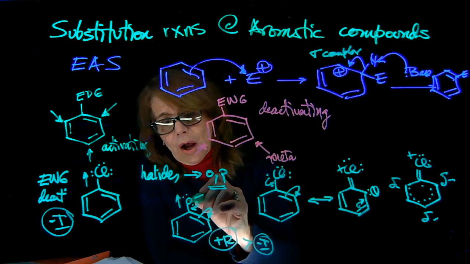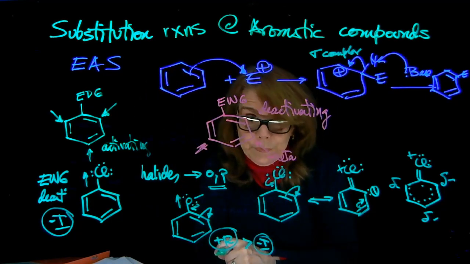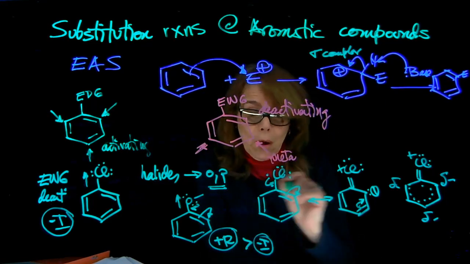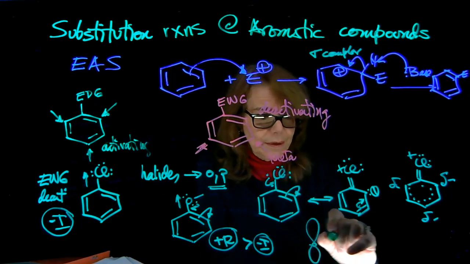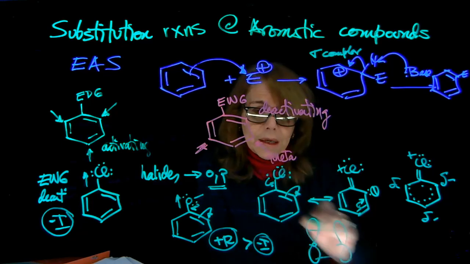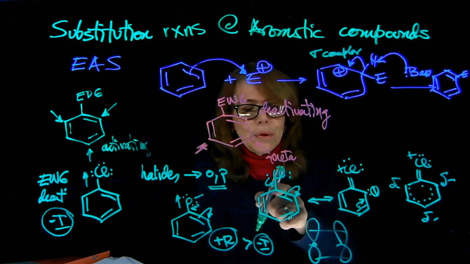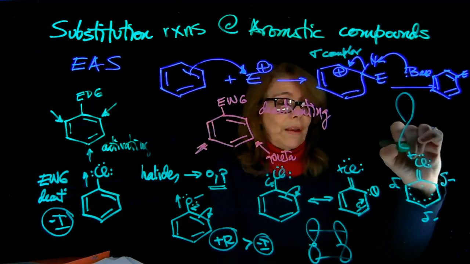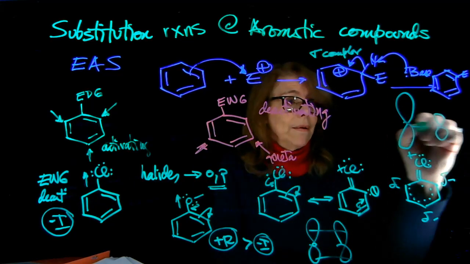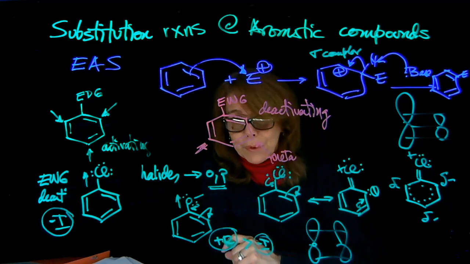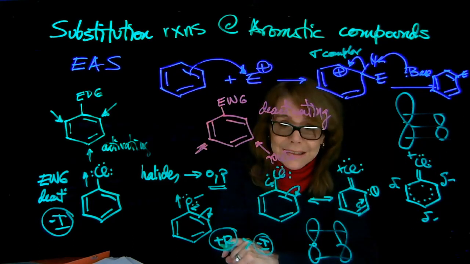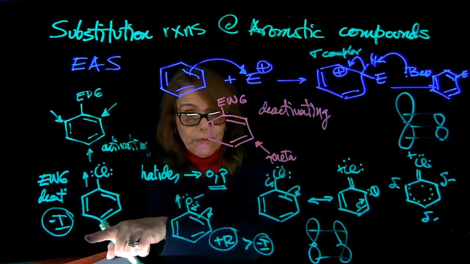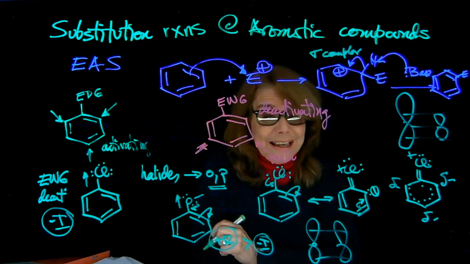Oxygen and carbon belong to the same period, the second period of the periodic table, so the overlap of the p orbitals is effective, with the same size of orbital. But with carbon and chlorine, chlorine is much larger, so that overlap needed for the resonance is not as effective. So here, the deactivating effect, minus I, is greater.